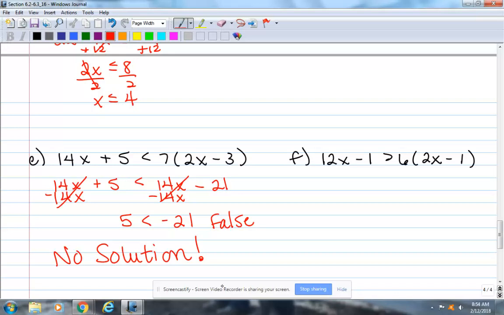So you got to know a little bit of number sense to know which numbers are bigger than other numbers, right? And you got to be able to know that's a less than sign, not a greater than sign. Okay? So any questions about that? And those are nice because those are short, right? We didn't have to finish it out. So if your variables cancel out, if it's false, write no solution.